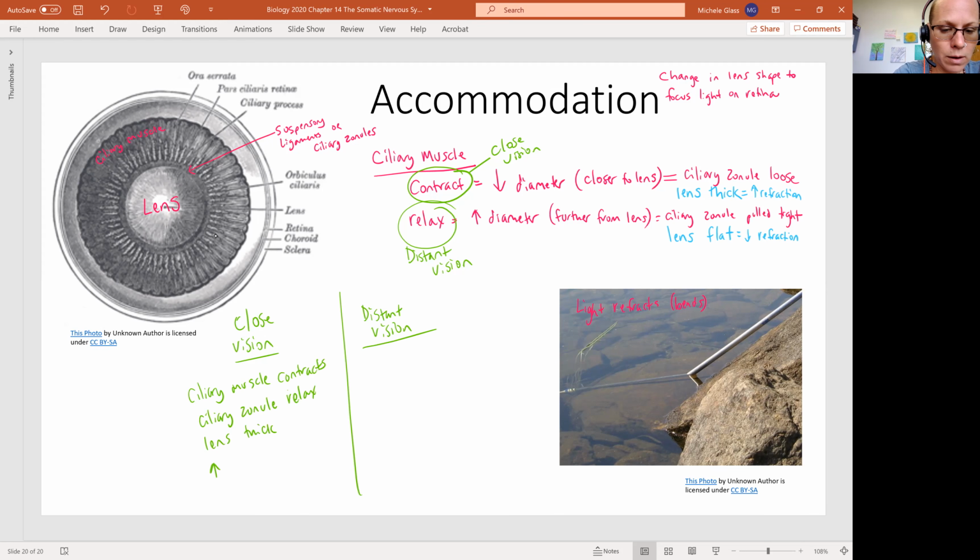You get a lot of refraction. In the opposite case, in distant vision, your ciliary muscle is relaxed. So your ciliary zonule is tight. So your lens is thin and you have less refraction.